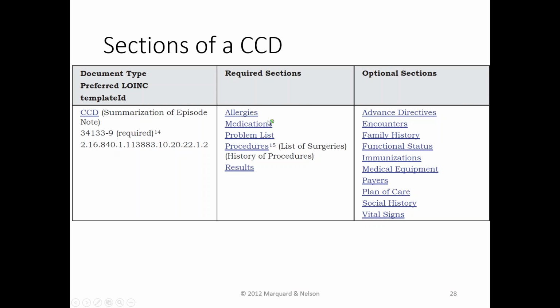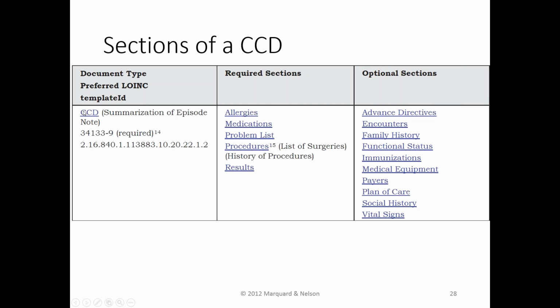There has to be an allergy section, a medication section, a problem list of procedures, and a results section. And there may optionally be an advanced directive section, encounters, family history, et cetera. Within the rules of CDA, all of the templates are what's called open templates.